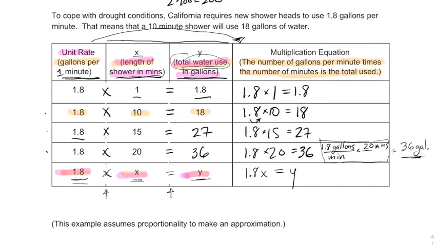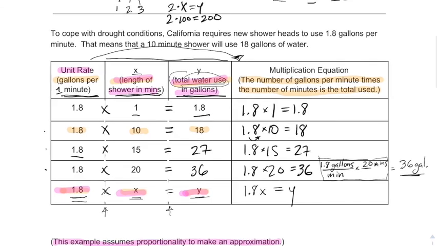And I've got a little note here. This example assumes proportionality to make an approximation. And you'll find that is often the case.